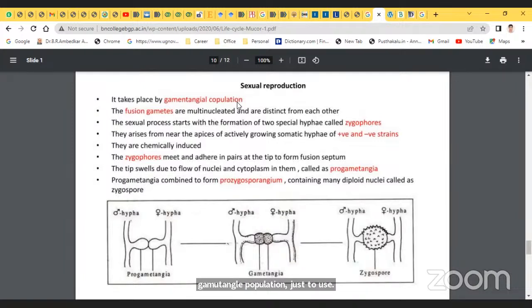The fusing gametes are multinucleate and are distinct from each other. This is one important character. The sexual process starts with the formation of two special hyphae called zygophores.